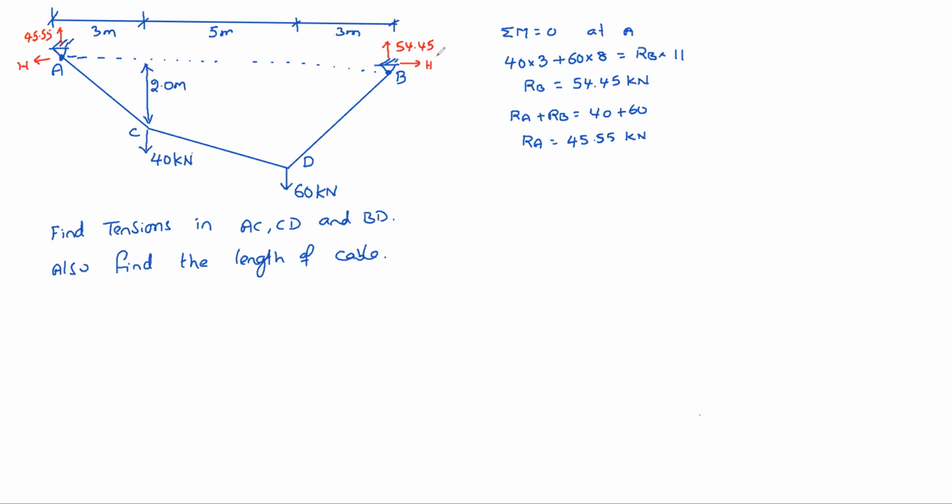Finding H is very simple. At C, bending moment equal to 0. So on the left side, you can see 45.55 into 3 clockwise minus H into 2 equal to 0.